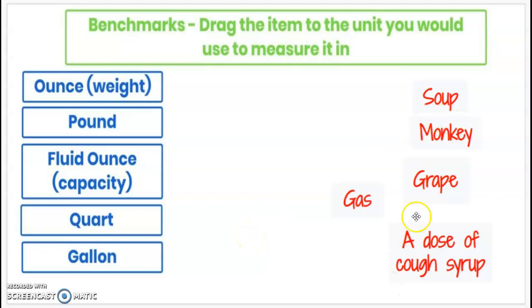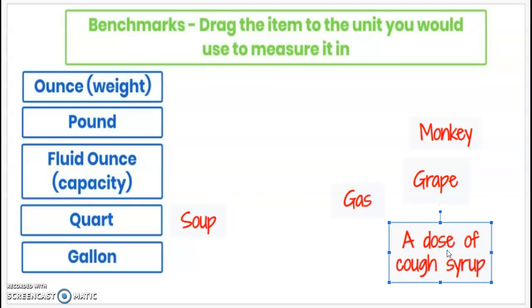First off, soup. Would you measure that in gallons? No. You could measure it in ounces, but think of it in a can that's a little bit bigger. I would probably say it's easier to measure in quarts.